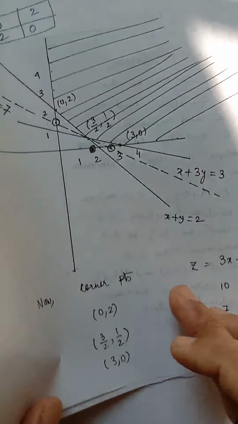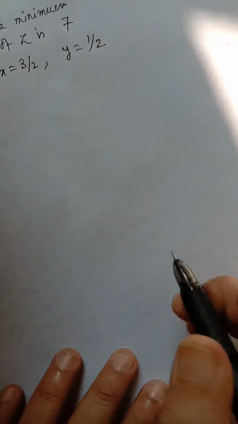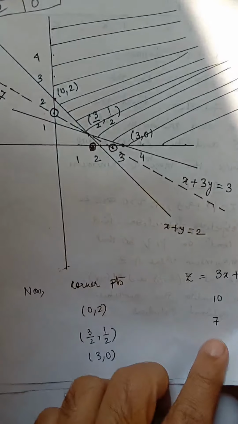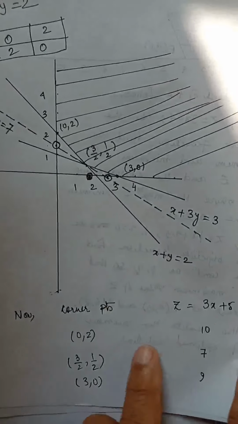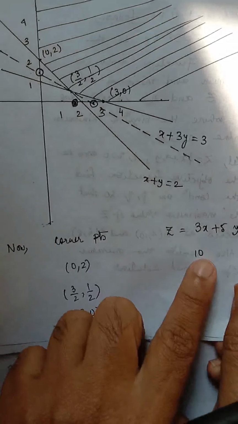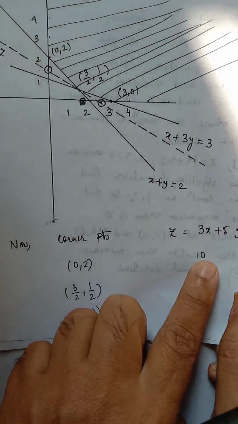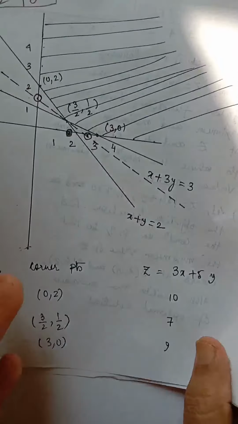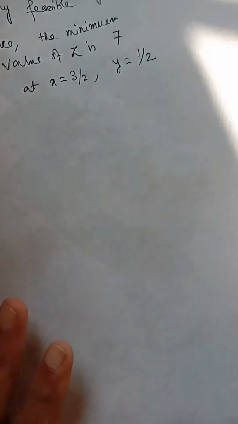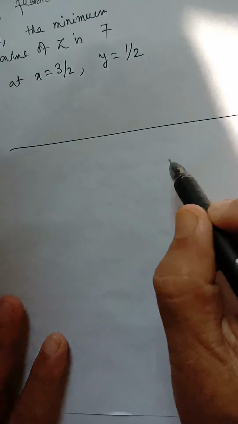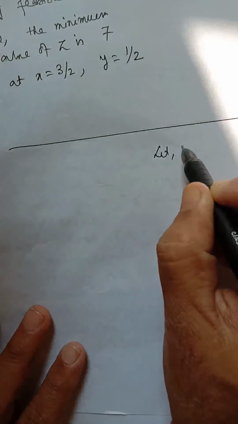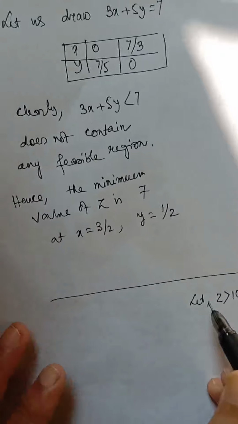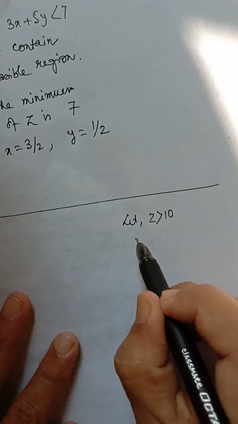Now how to check? After doing this much, we get the maximum value of z is 10. Next you have to check, can z be more than 10? For that you write: let z be more than 10, that is, 3x plus 5y more than 10.